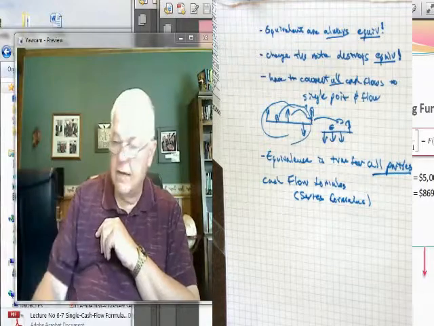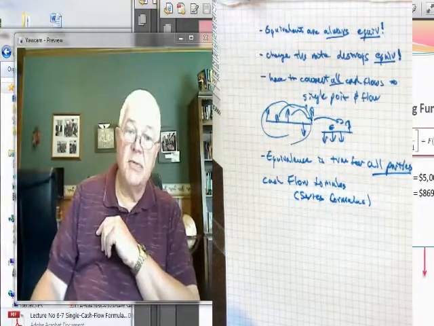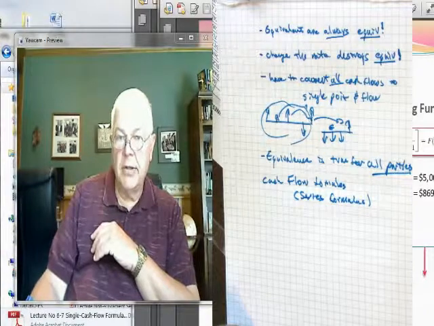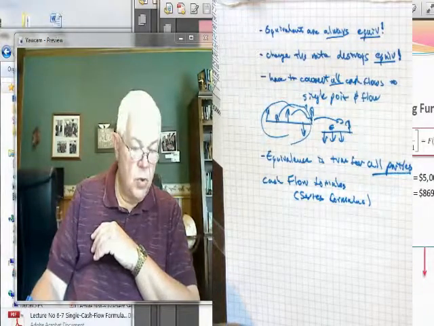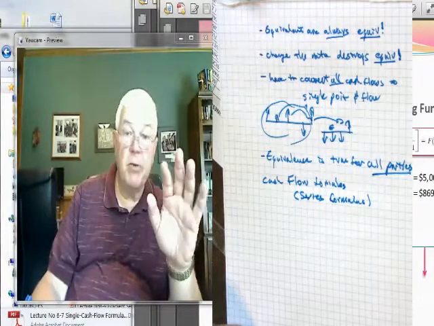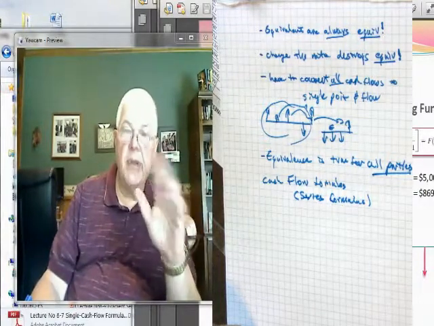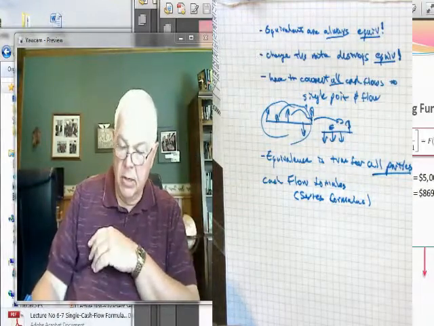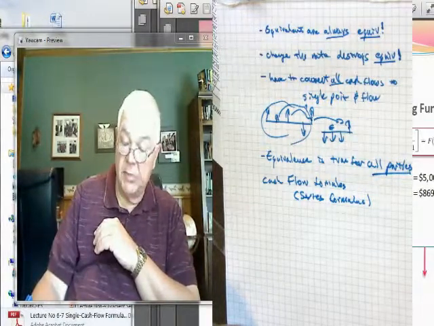Think, oh yeah, I've seen some of those series formulas before. I've derived them before. And so other than pointing you towards them and pointing out to you, by the way, these are formulas you might want to put on your sheet of notes. They're handy, but you've seen them before. You may not remember them well, but you've seen them before.